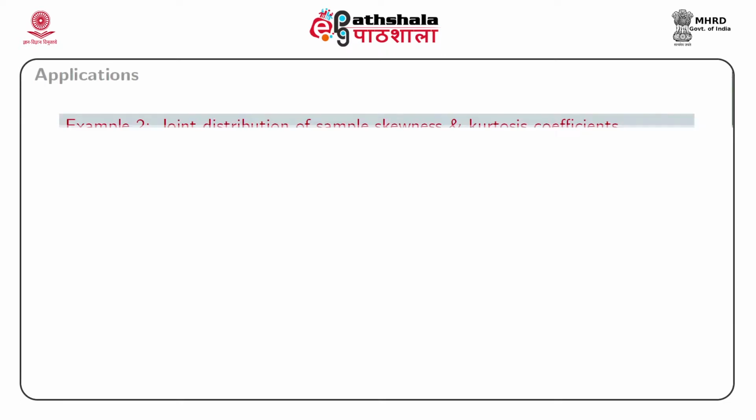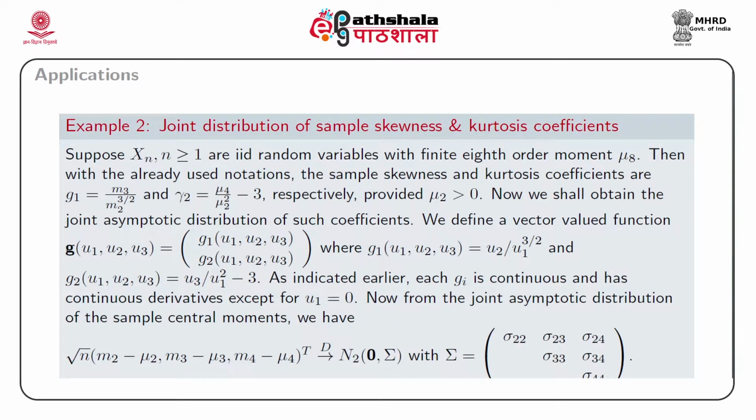Next, we consider an interesting aspect of sample skewness and sample kurtosis coefficient in terms of asymptotic results. We shall find the joint asymptotic distribution of skewness and kurtosis coefficients. As earlier, we assume IID random variables with finite 8th order moment mu8, and we have already defined G1 and G2, gamma 1 and gamma 2, so we are not repeating the definition.